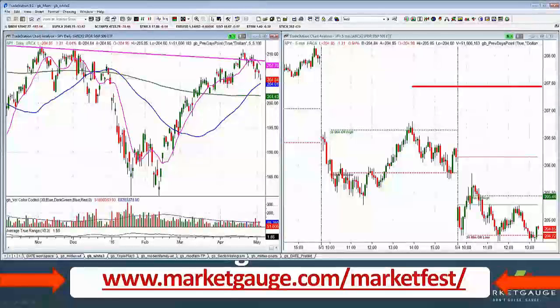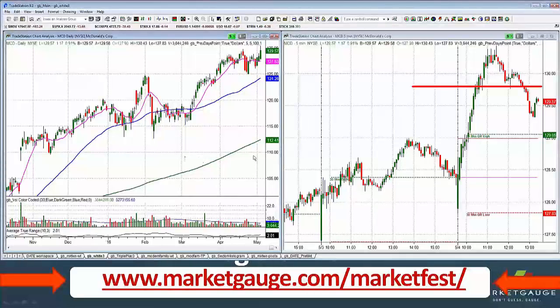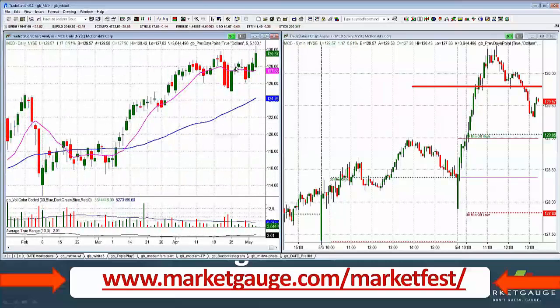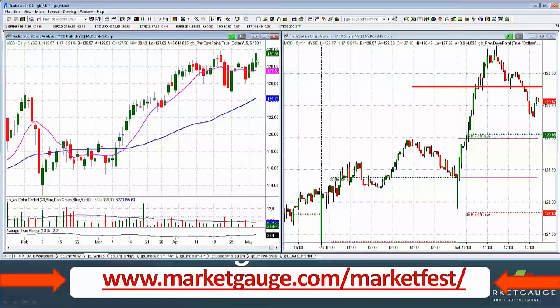Now, the reason to get long today would only have been if you thought that that 205 level was going to hold and you wanted to take a shot. But the markets have not really done anything to suggest that that's a huge opportunity at this point. All right, so today would be a sit back and pretty much watch what acts well, and knowing that, you'll be able to check them out tomorrow.